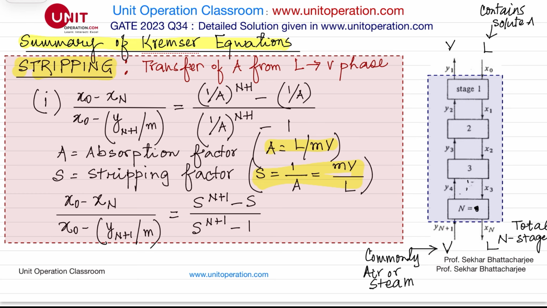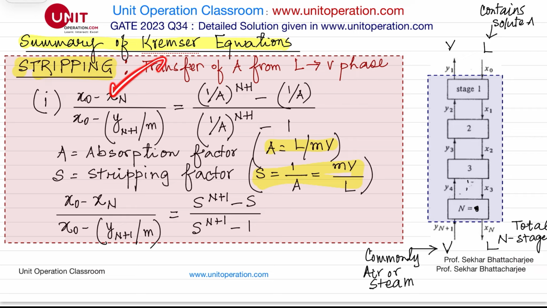Normally the concentration of the solute here is equal to 0, but it can be any positive value, and you want to know the value of xn. That means at what concentration it is coming out. You already know the number of stages, and for a certain liquid and vapor fluid, and the equilibrium relationship y is equal to mx.